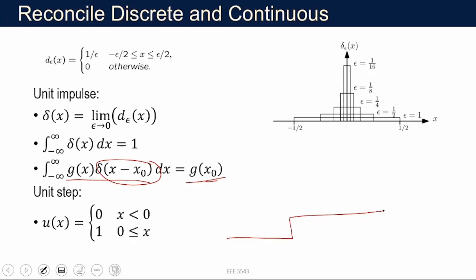And in this class, we'll define that at x equals 0, the unit step equals 1. And you can see how this would be useful in order to reconcile discrete probability mass functions and cumulative distributions to make them seem continuous using these functions.